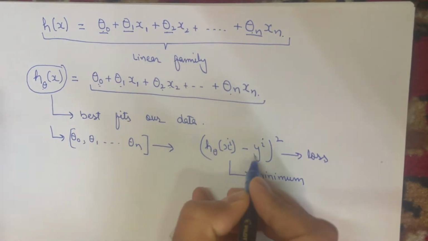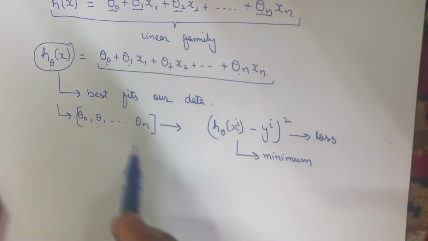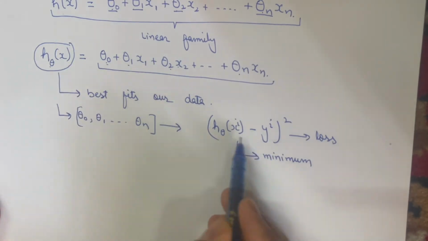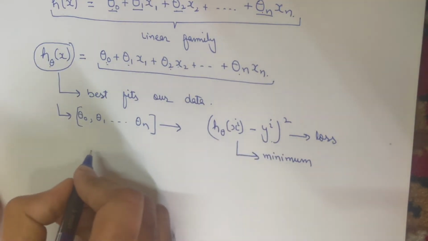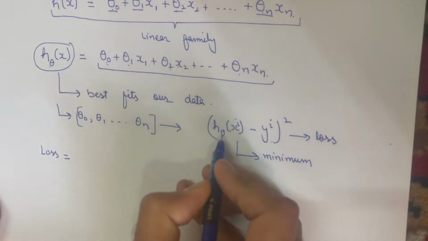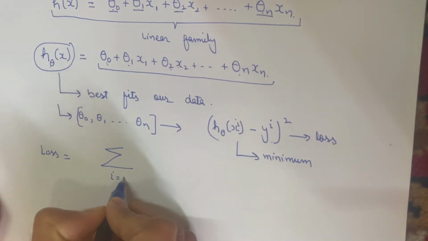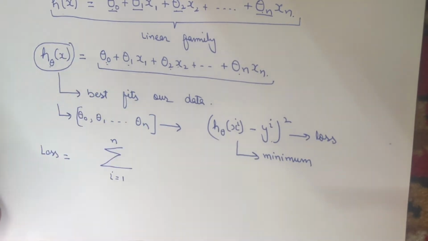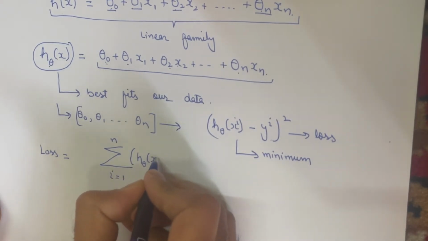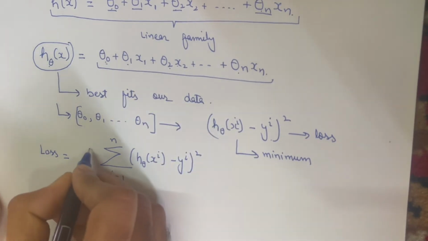So this I am writing for one example. Now if I have to write it for n examples, so in our data set there are total n examples. So on every example I will find this particular loss. So this loss can be written as the sum of all these losses. So summation of i running from 1 to n, because there are total n examples, h of theta xi minus yi whole square, and I will average it.